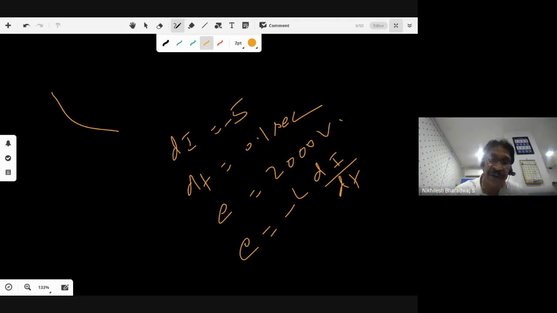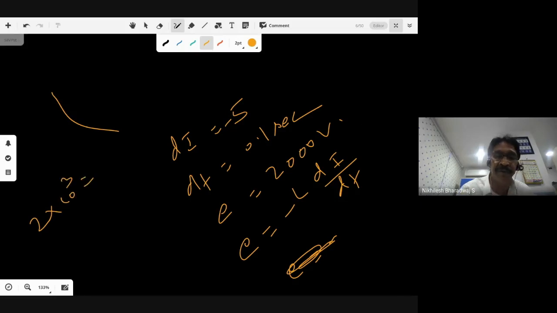So E is 2000, which you can write as 2 into 10 to the power of 3, equals minus L into minus 5, the decrease in current, over 0.1.